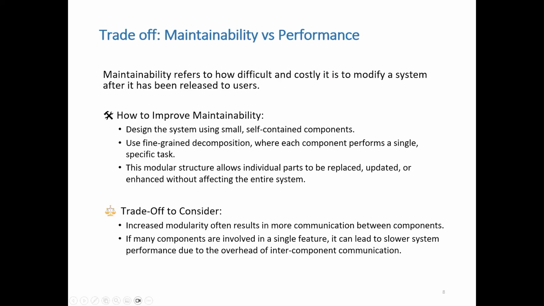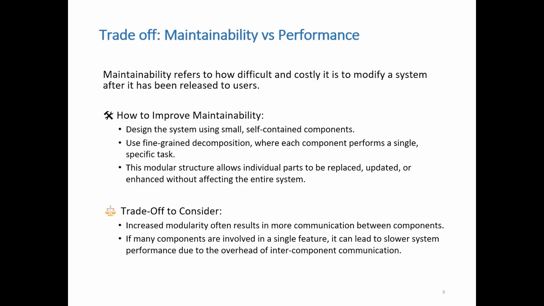Let's finish by talking about maintainability and the trade-offs it often brings. Maintainability is all about how hard and how expensive it is to make changes to your system once it's out in the world. Whether you're fixing bugs, adding features, or updating the tech stack, some systems make that easy, others make it a nightmare. So, how do we improve maintainability?